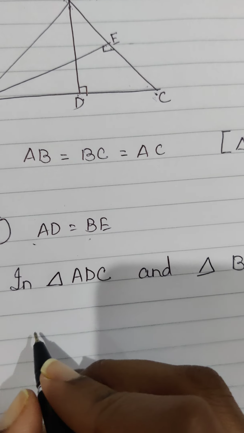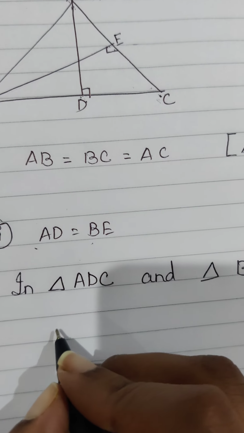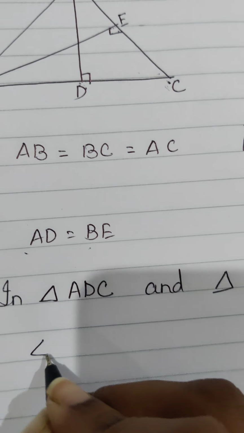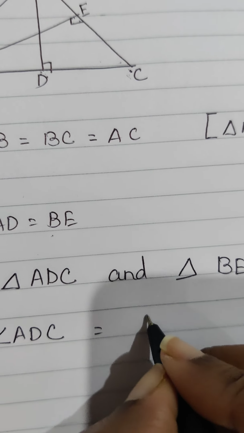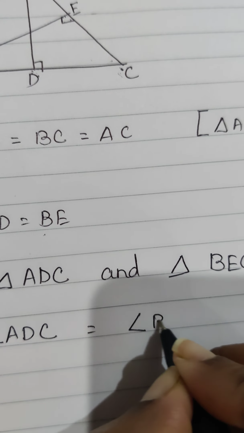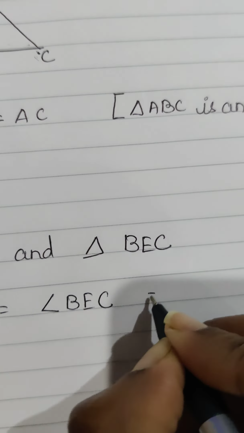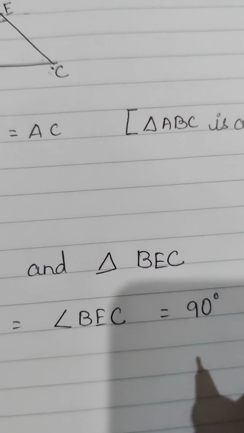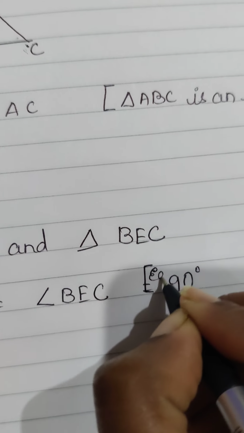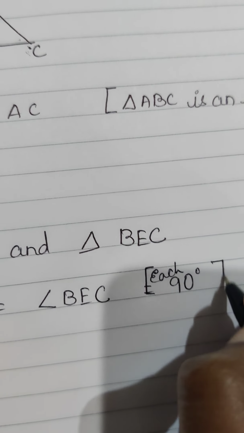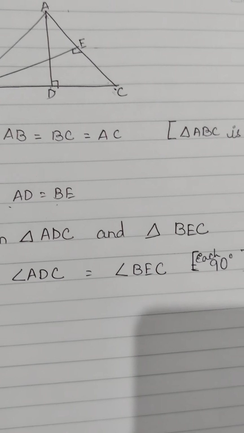So that can be equal. Let us write the names. Angle ADC is equal to angle BEC, that is equal to 90 degrees, or in bracket you can write each 90 degrees. That is why they are equal.